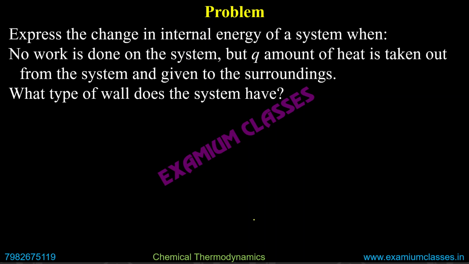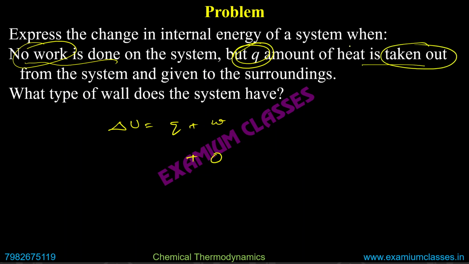Next part of this one, again you have to find the change in internal energy. No work is done. So delta U equals Q plus W, the mathematical form of the first law of thermodynamics. No work is done, it means W is 0. But Q amount of heat is taken out of the system.